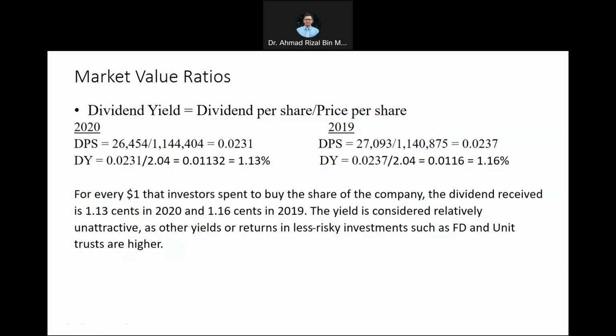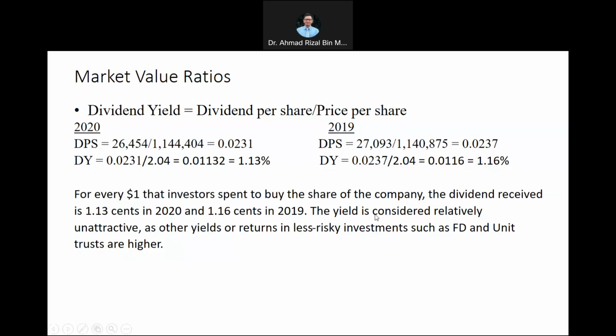You divide it by how much the investor spent to buy the share at today's market price. If you look at it, it is not that attractive. For every 1 ringgit the investor spent to buy the share, they only receive dividends of 1.13 cents and 1.16 cents.